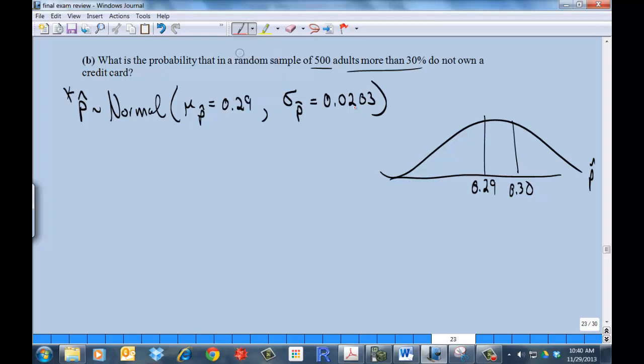And this is the probability we're looking for. So from the picture here, we should be able to get a formula. What is the probability that our sample proportion, p hat, sampled from the 500, results in a percentage that is greater than 30%.